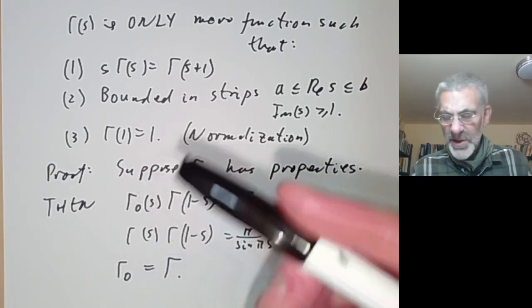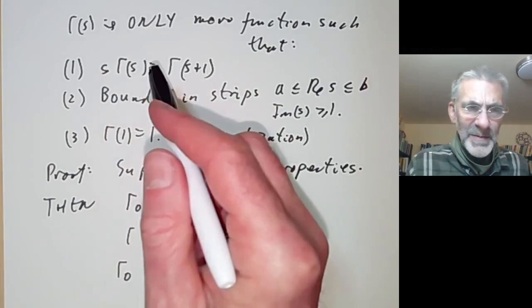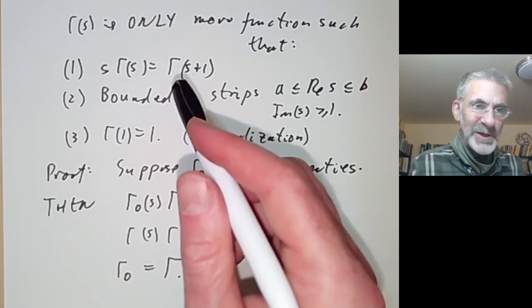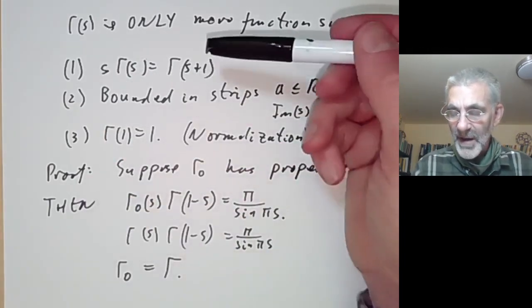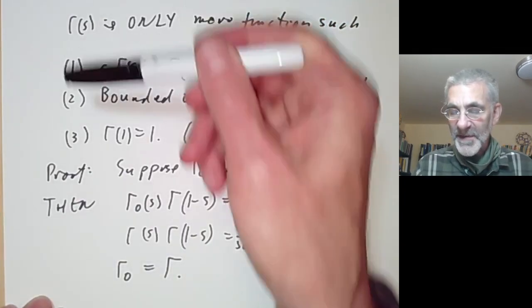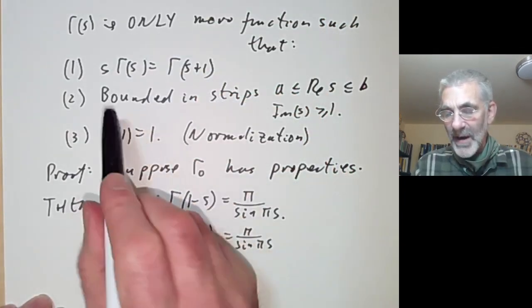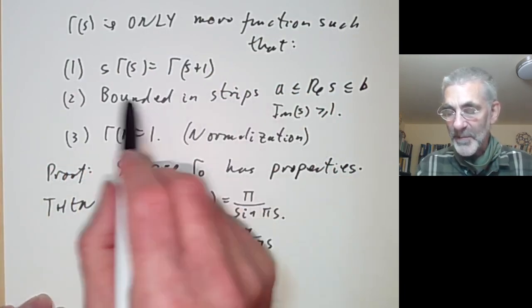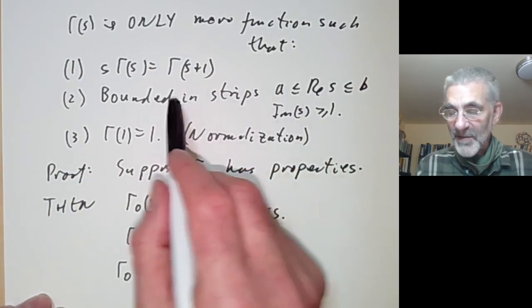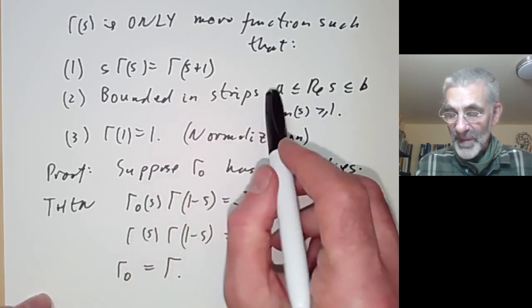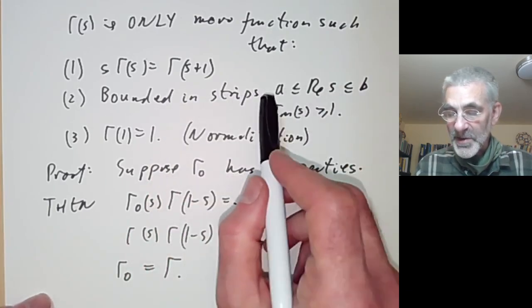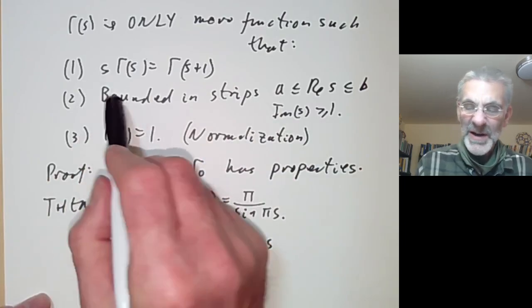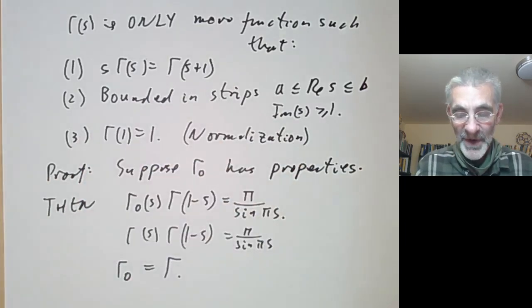What this does is it shows that gamma of s is in some sense the smallest generalization of the factorial function. I mean, any generalization has to satisfy conditions 1 and 3, and anything that doesn't satisfy 2 has to have rather high growth rate in these strips, whereas gamma of s not only has low growth rate, in fact it tends to 0 very rapidly.